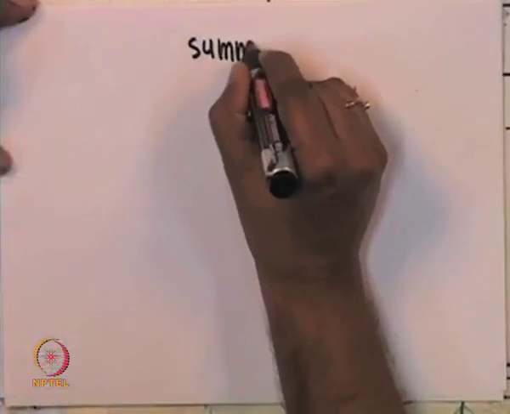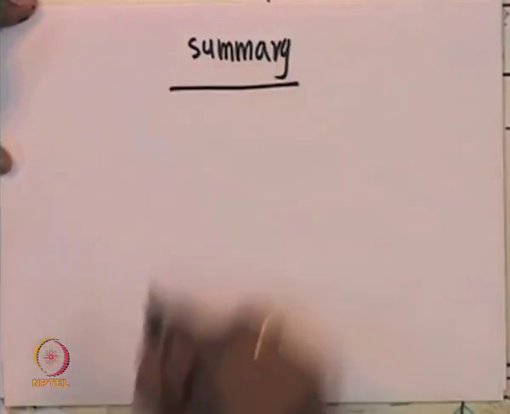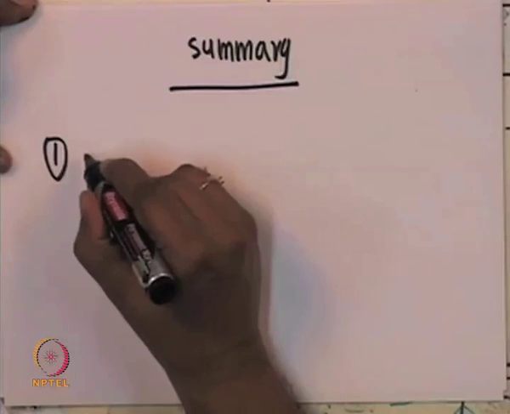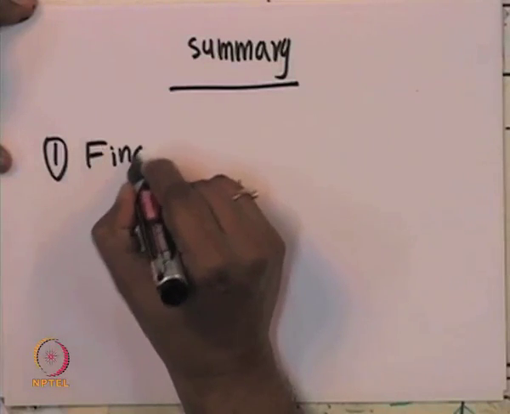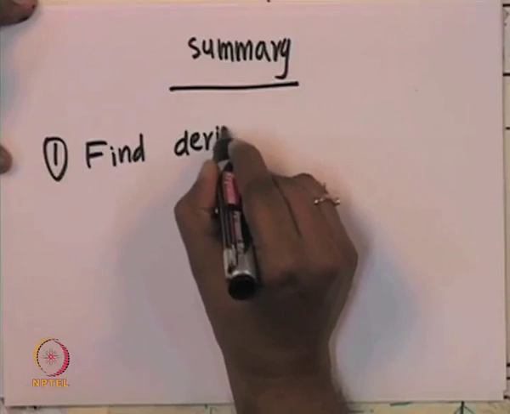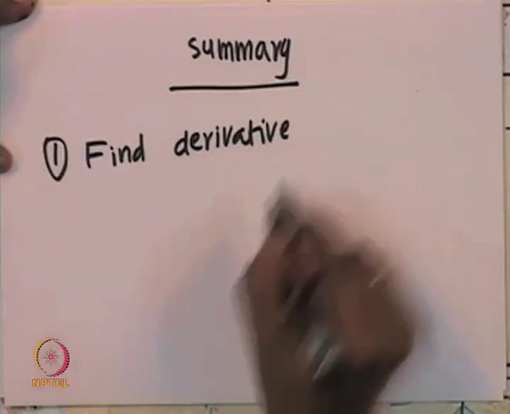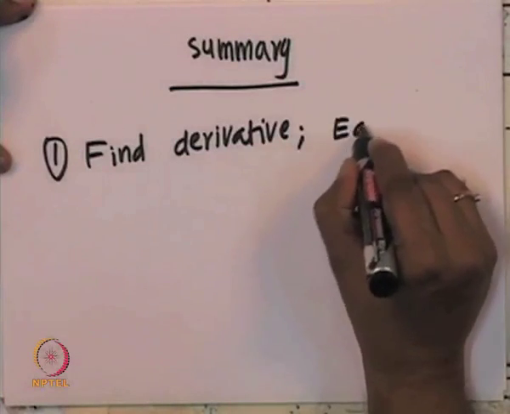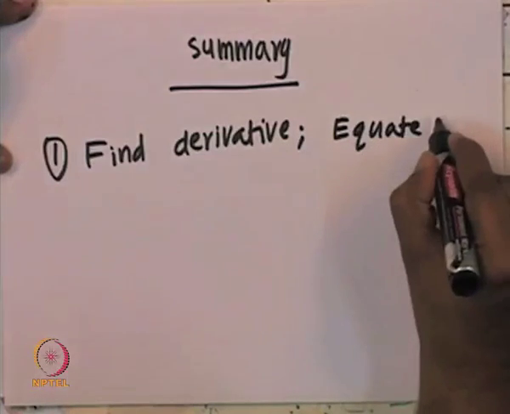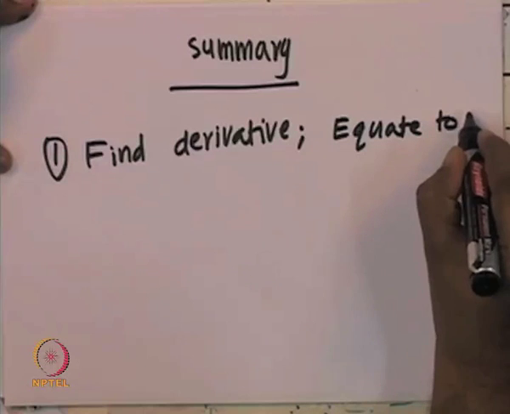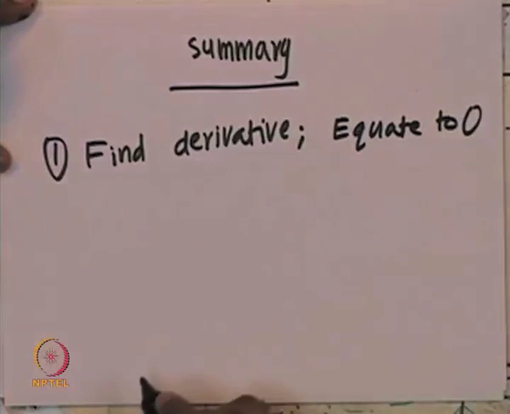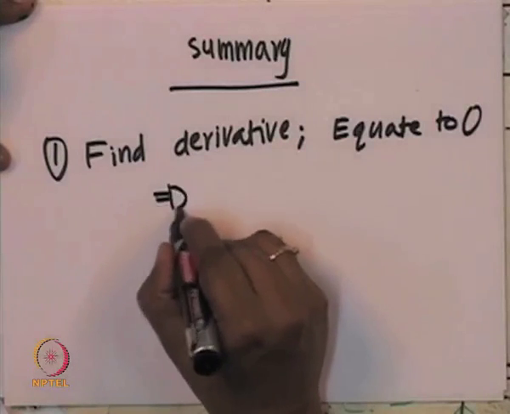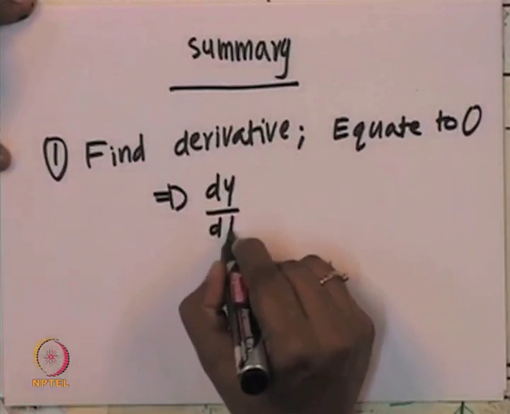So, let me summarize what we learned. Let me write here and summarize. The summary. Two things we learned. One, find the derivative and equate it to 0, that is dy by dx equal to 0.